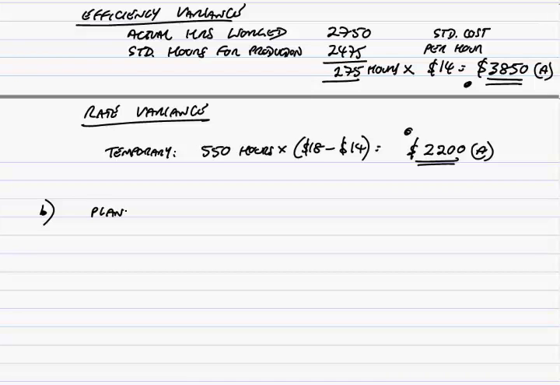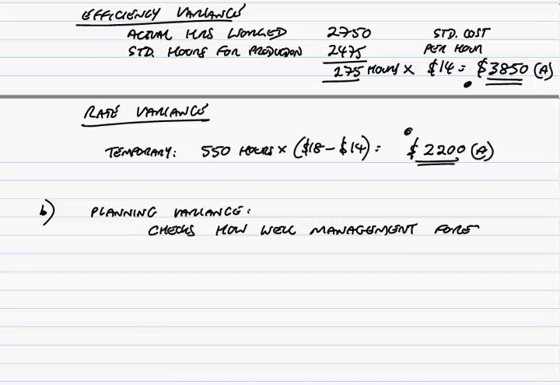The planning variance checks how well management budgeted or how well management forecast the price of materials.